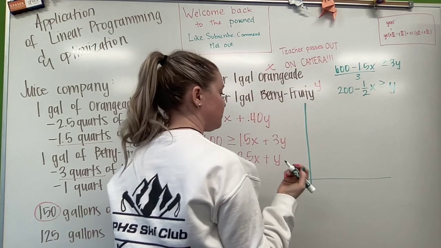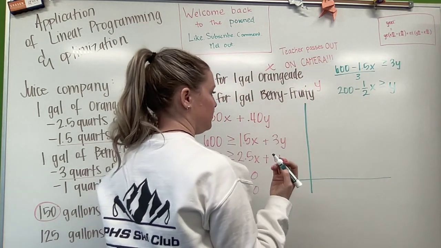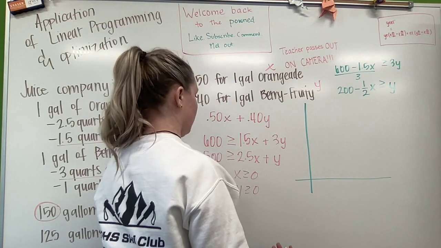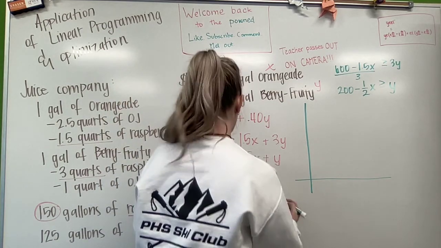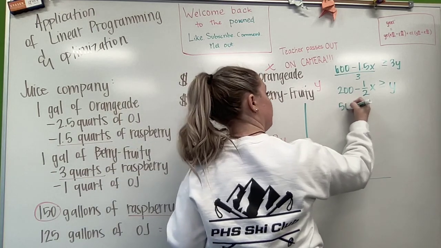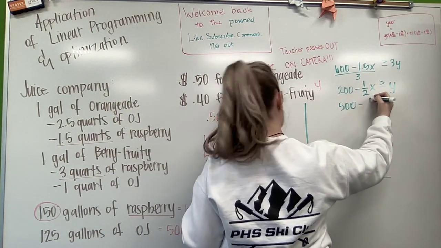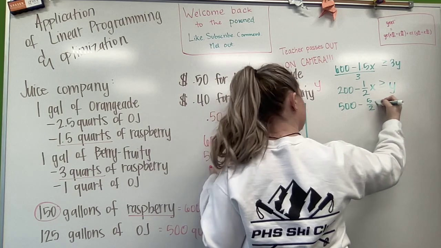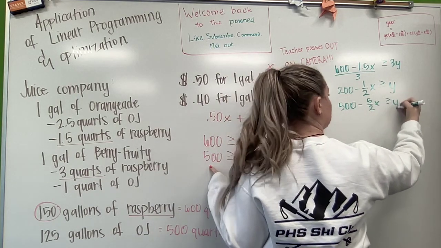Our numbers are going to get pretty large here, so hopefully we can make that work. Here I'm also going to isolate my y. That's going to be 500 minus 5/2 x, less than or equal to y.